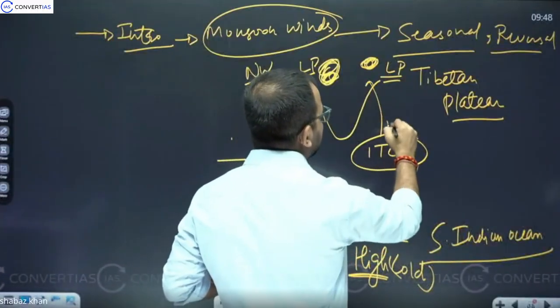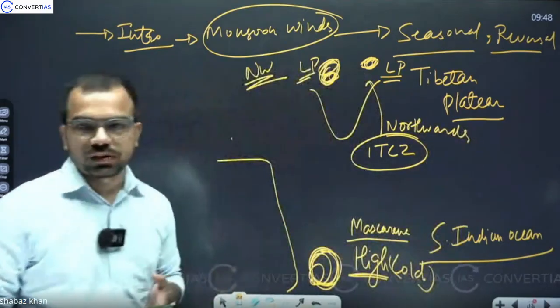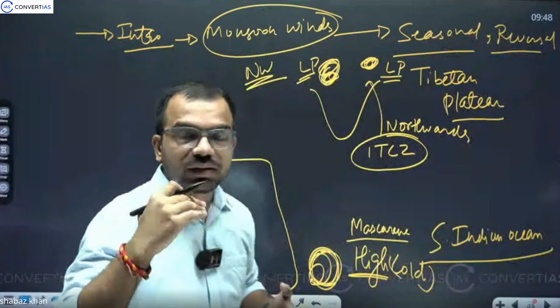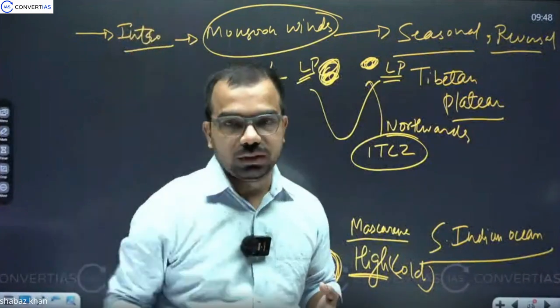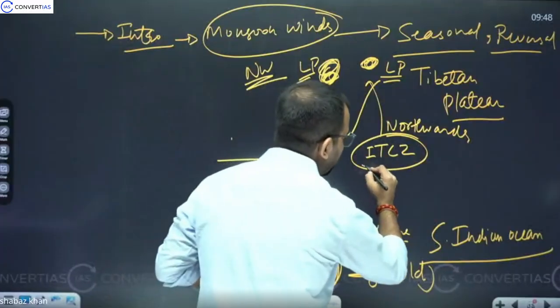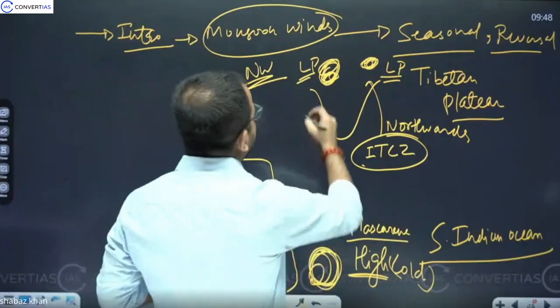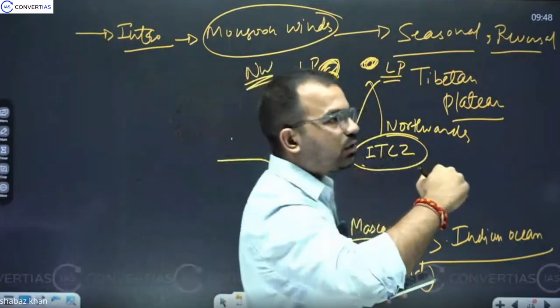It moves northwards, because the convergence is now happening on the upper side. First thing first, the Intertropical Convergence Zone is moving northwards. Now the westerly winds were also there.